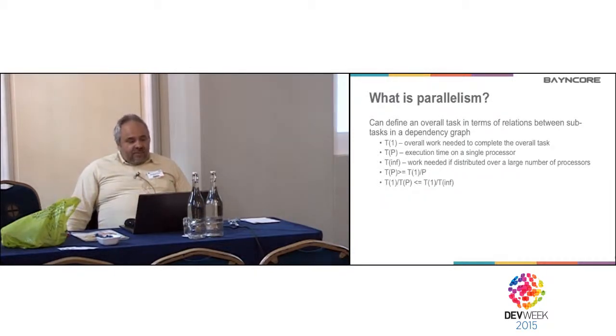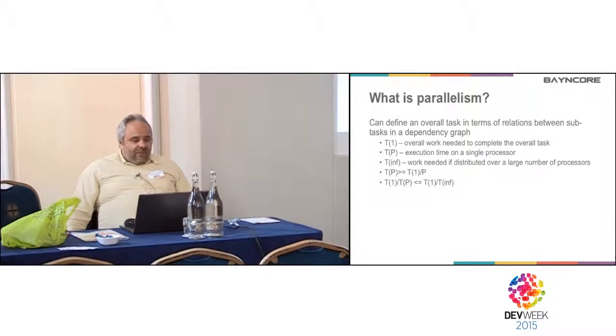There are communication and synchronization costs. So the rule is that this inequality, which is the penultimate bullet point, holds for obvious reasons, right? There's another rule from parallel programming, which is the final bullet point. So that's a little bit of theory, really.